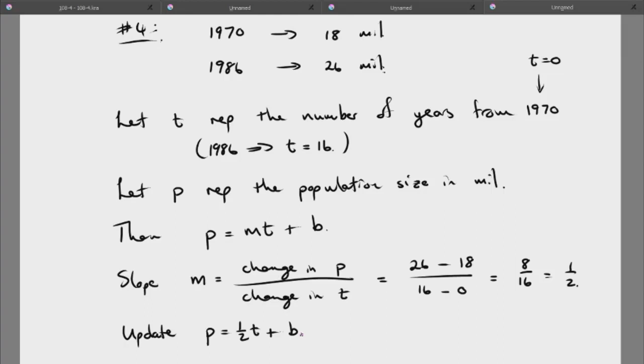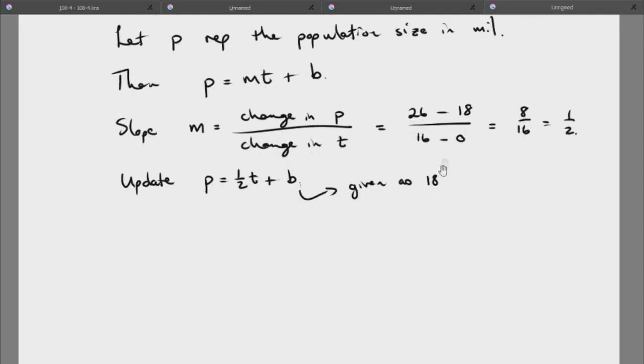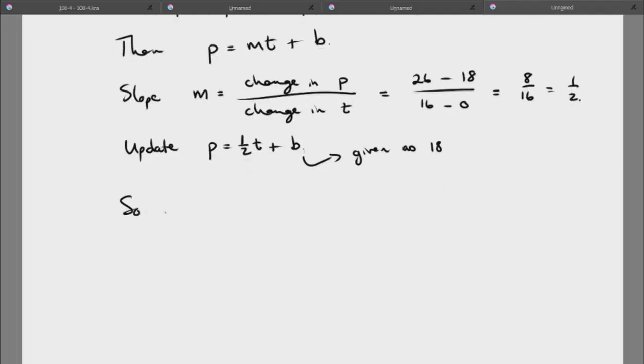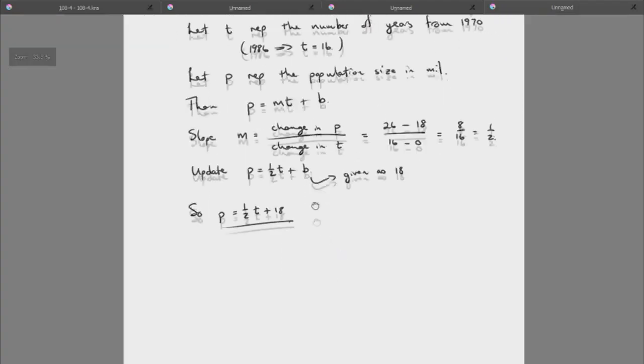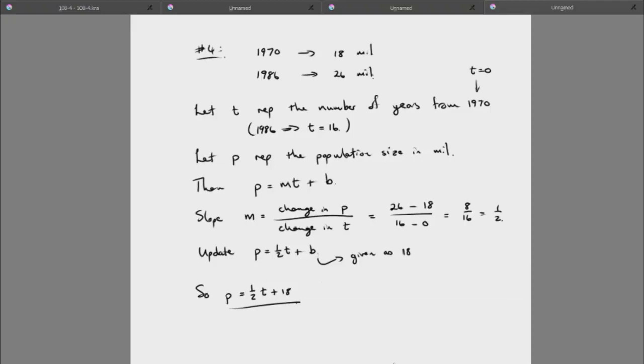So my choice has even more benefits that the b is already given as 18. So there was nothing to do. So my population function is p equals 1/2 t plus 18. If I chose it differently in how I define the variables, then I just have to plug it in and calculate b and so on. Not that that's incredibly difficult, just a little bit inconvenient.